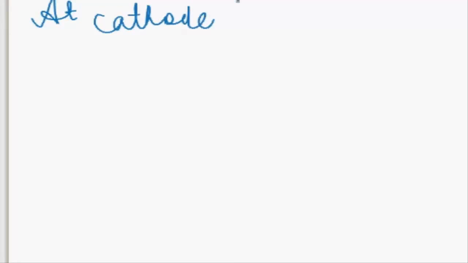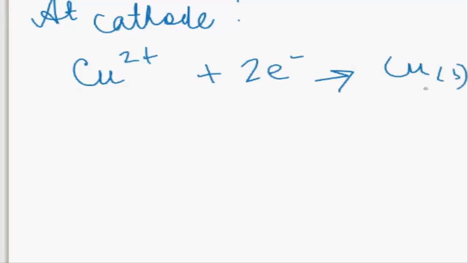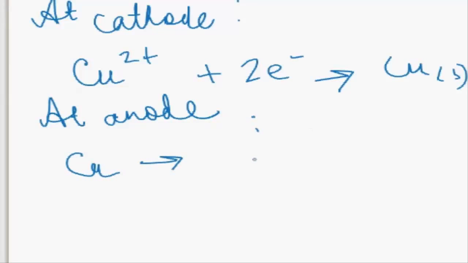It will be like this: Cu2+ plus 2 electrons gives copper, while at the anode, Cu gives Cu2+ plus 2 electrons. Copper dissolves from the anode and goes into the electrolyte, and an equivalent amount of copper from the electrolyte gets deposited on the cathode.